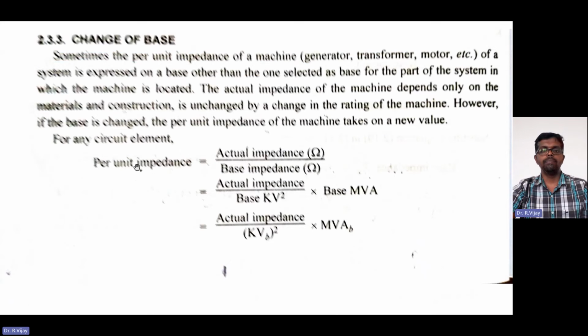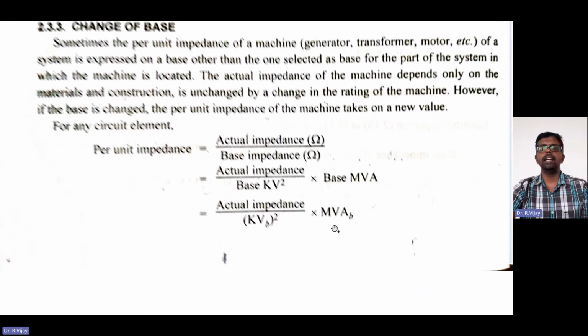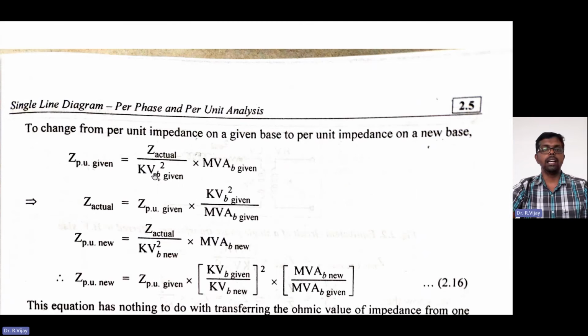So Z per unit, that is per unit impedance, equals actual impedance divided by KVB squared into MVA base. The same formula here also, but here you are calculating the old values. So Z per unit old is equal to Z actual divided by KVB squared old into MVA base old.